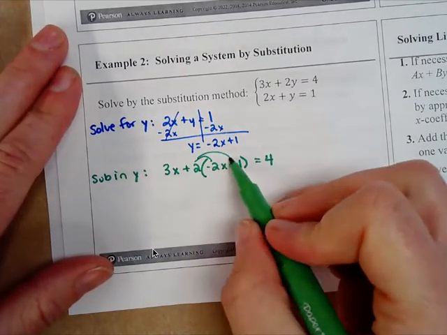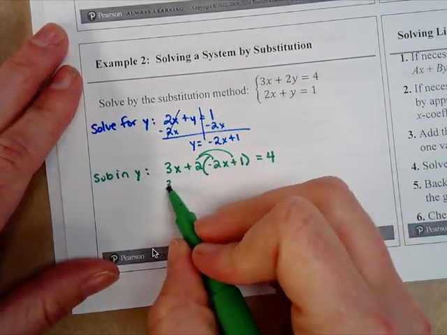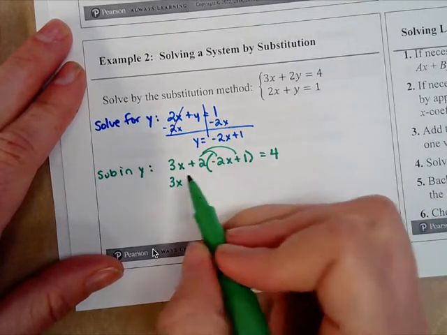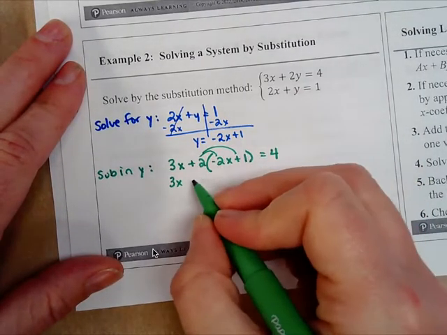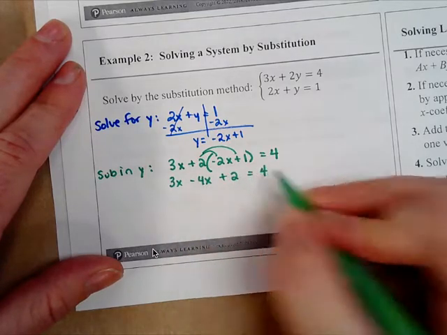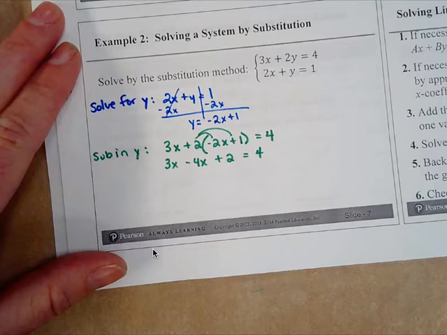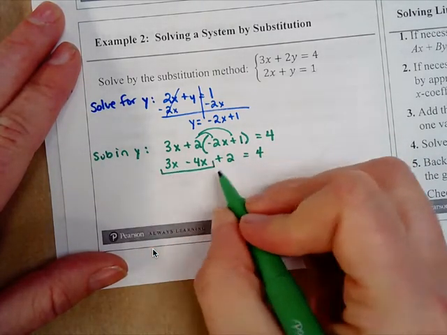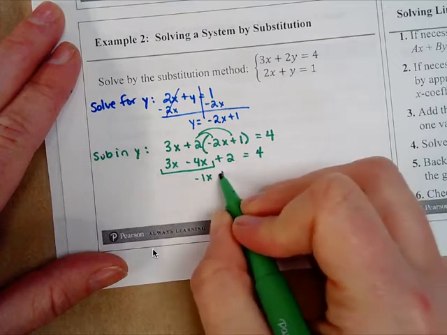So I do need to distribute. So I have 3x, and that would be 2 times a negative 2, negative 4x plus 2 equals 4. Then I could combine these to get a negative 1x plus 2 equals 4.